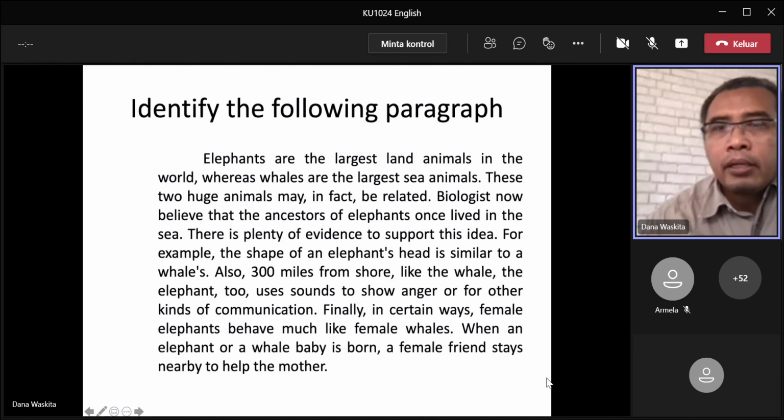It's almost the same. Okay, that's how to find the main idea from the topic, and the topic sentence can be different from the main idea, perhaps. Now let's turn to another one.